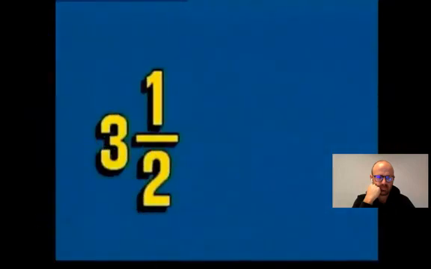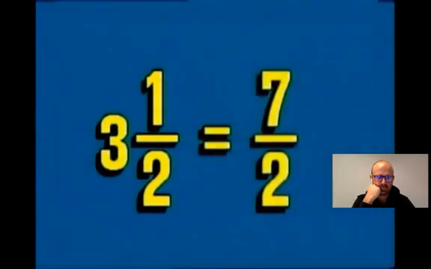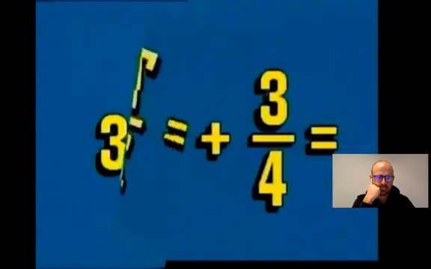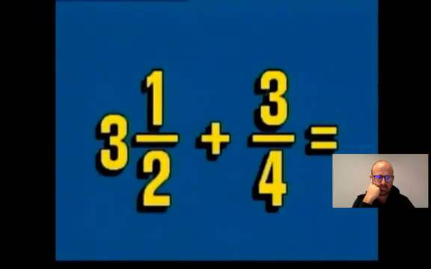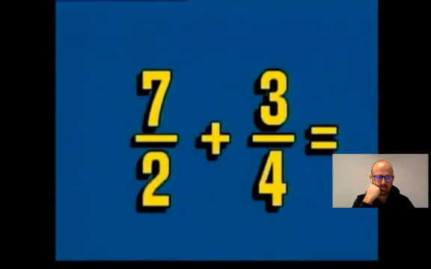First, we change the mixed number to an improper fraction. 3 1/2 is equal to 7 halves. In Carla's problem, we can substitute 7 halves for 3.5. Now we're adding two fractions, but the denominators are different. We must find a common denominator.